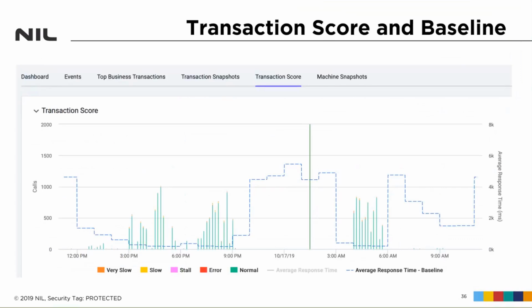AppDynamics collects a set of metrics for each business transaction, response time, calls per minute, and others. Those metrics are used to determine important transactions and measure transaction health. For each transaction, AppDynamics calculates a dynamic baseline. All transactions which deviate from the baseline or include exceptions are problematic.